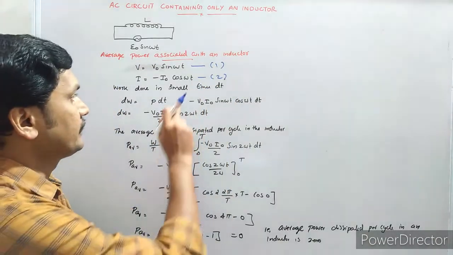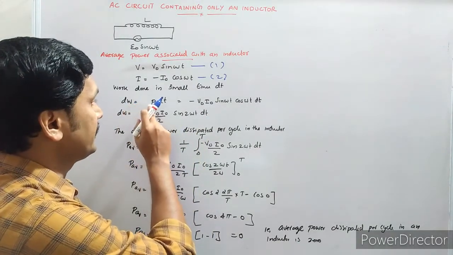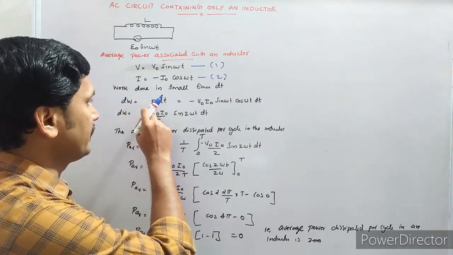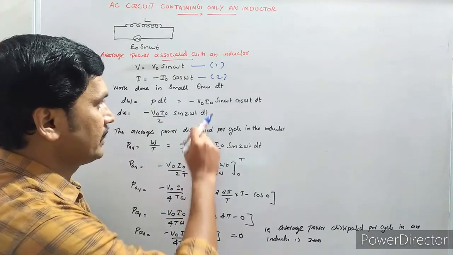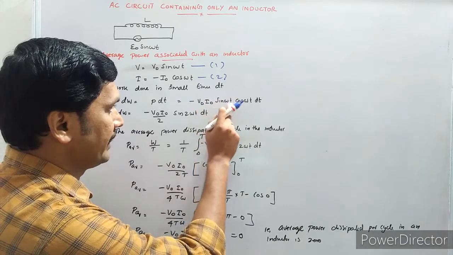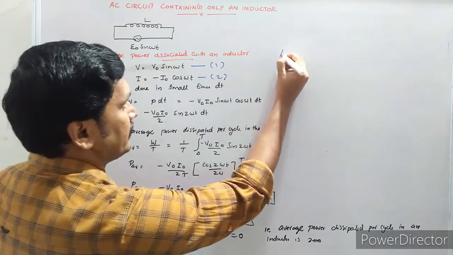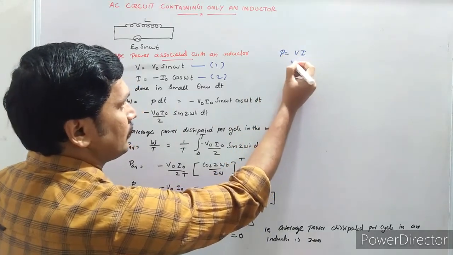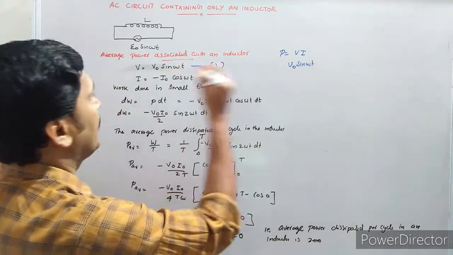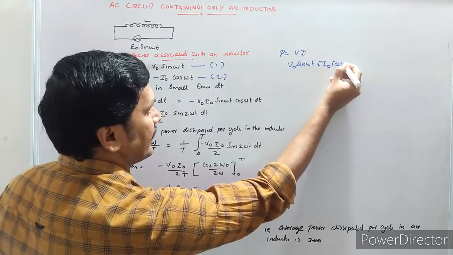So work done in small time dt is equal to dW, which is equal to instantaneous power into dt. So we can write the instantaneous power as minus V0 I0 sine omega t cos omega t, because we know power is equal to V into I. V is equal to V0 sine omega t, and I is equal to minus I0 cos omega t.